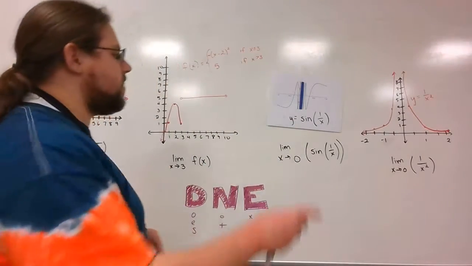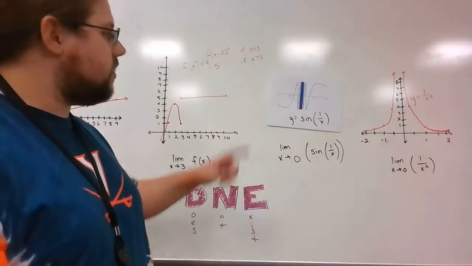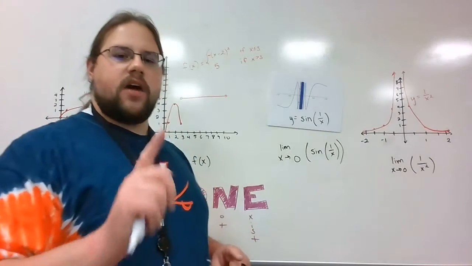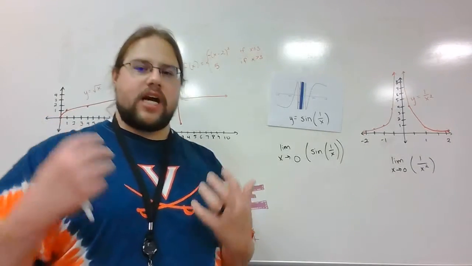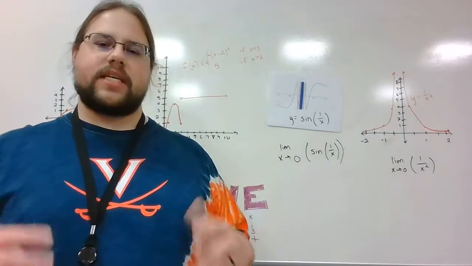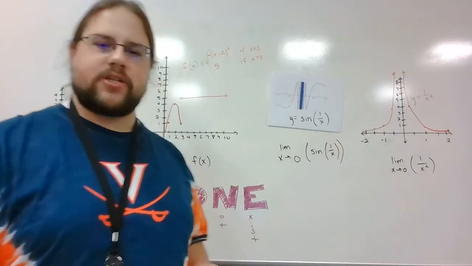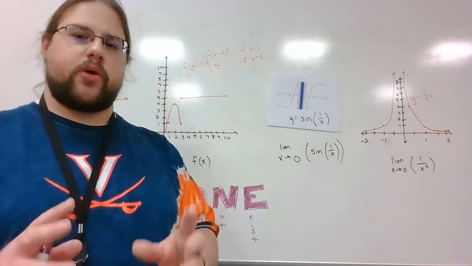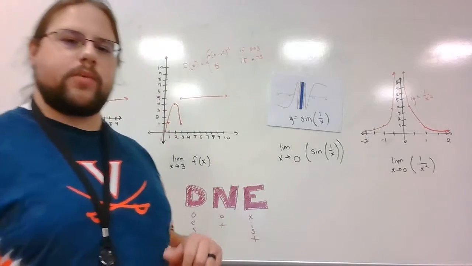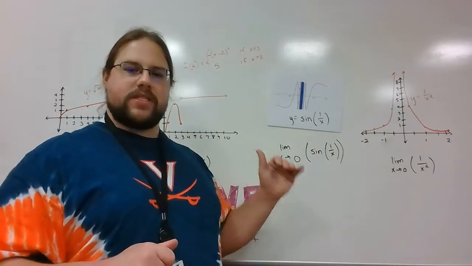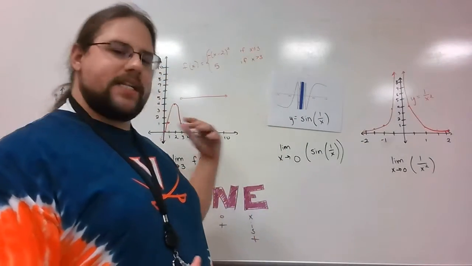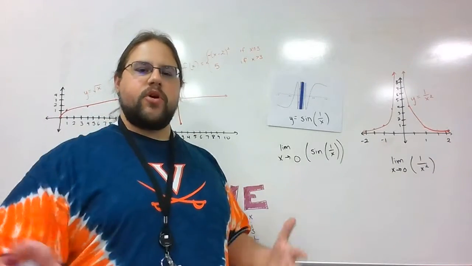Now, moving on to the next one. The next one I have is y equals sine of 1 over x. Now, I could not draw this with any reasonable accuracy, so I actually went online and printed off a picture of this. Even a computer had trouble drawing this for one reason and one reason only. As we move towards 0, if I start out on the left side, it starts off as a nice, smooth curve.